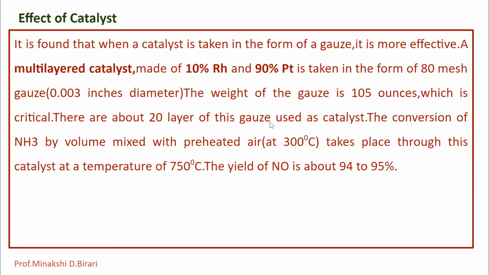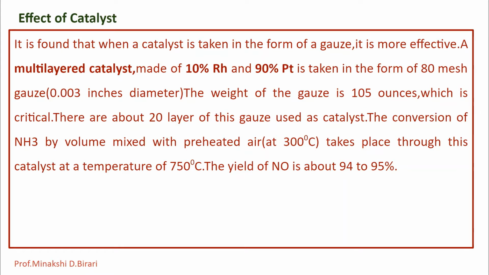The conversion of NH3 by volume mixed with preheated air takes place through this catalyst at a temperature of 750 degrees Celsius, and the yield of NO is about 94 to 95% if we use the multi-layered catalyst made up of 10% rhodium and 90% platinum.